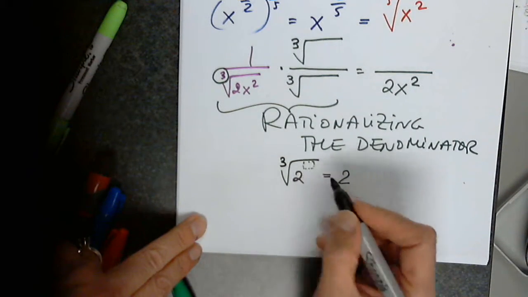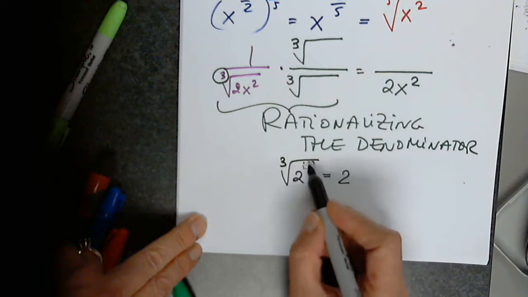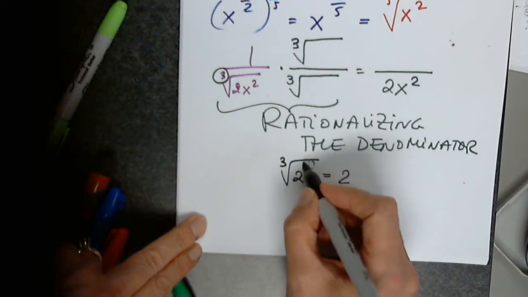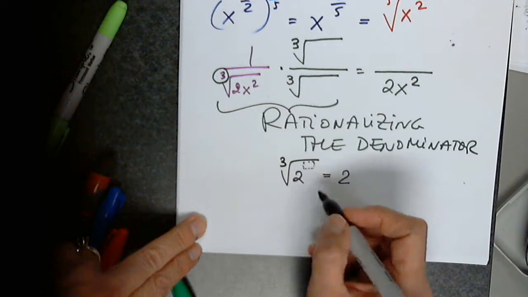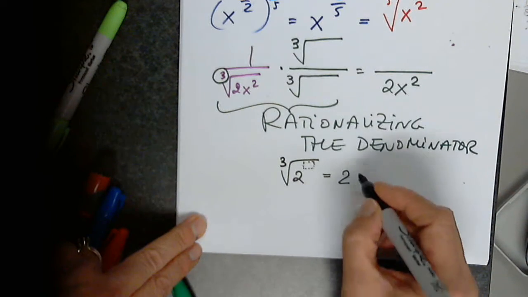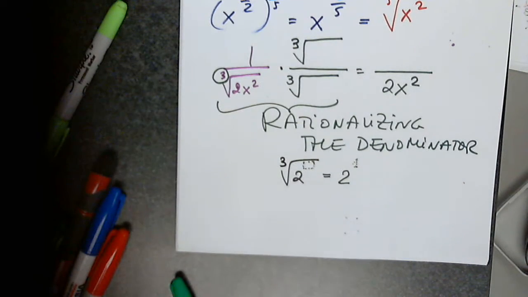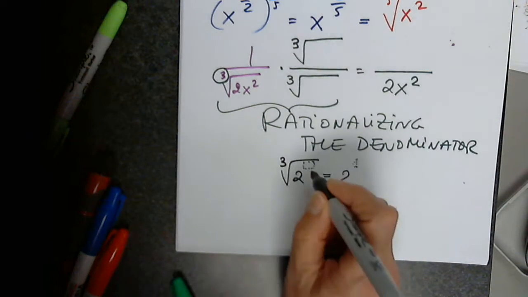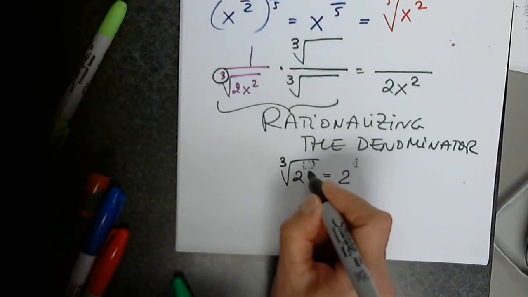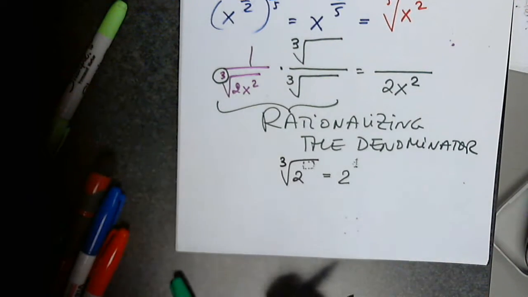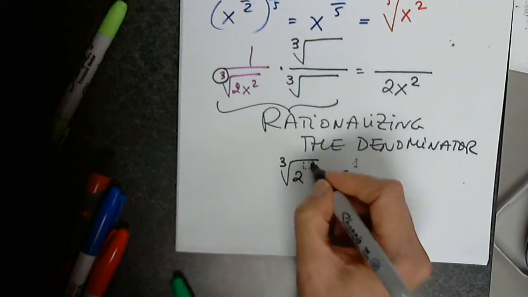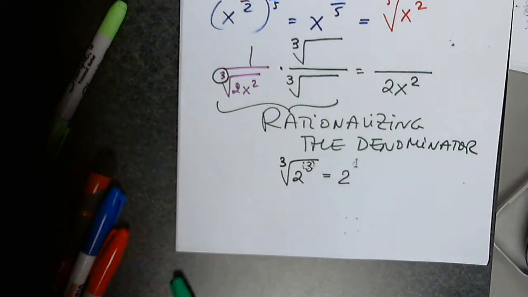If I put 2, that's not going to work because the power will be 2 over 3. If I put 10, it's not going to work because 10 is not divisible by 3 to get 1. And I don't want to go further than I should. So what should this number be so that when I divide it by 3, I get 1? 3. Absolutely 3, right? Is that clear?